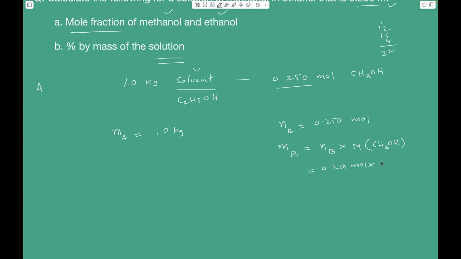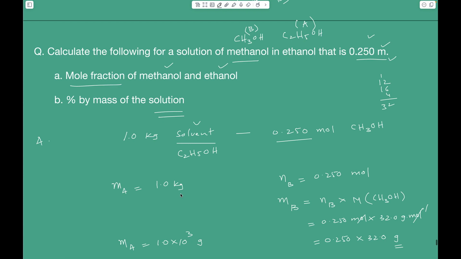So it is approximately 32 gram per mole. So here is the mass of methyl alcohol or the solute in grams. And here we have the mass of the solvent, that is ethyl alcohol, in kilograms, and in grams it would be 1.0 times 10 to the power of 3 grams.